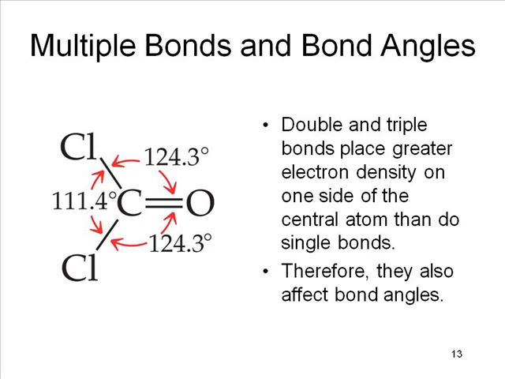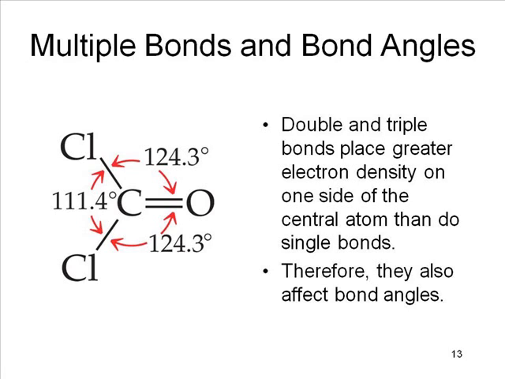I'm no organic chemist, but the molecule here, CCl2O, has 3 electron clouds around the central atom. The double bond counts as 1, the CCl bond counts as 1, and the other CCl bond counts as 1. So I guess one would expect 120, 120, 120, but that's not what is observed.